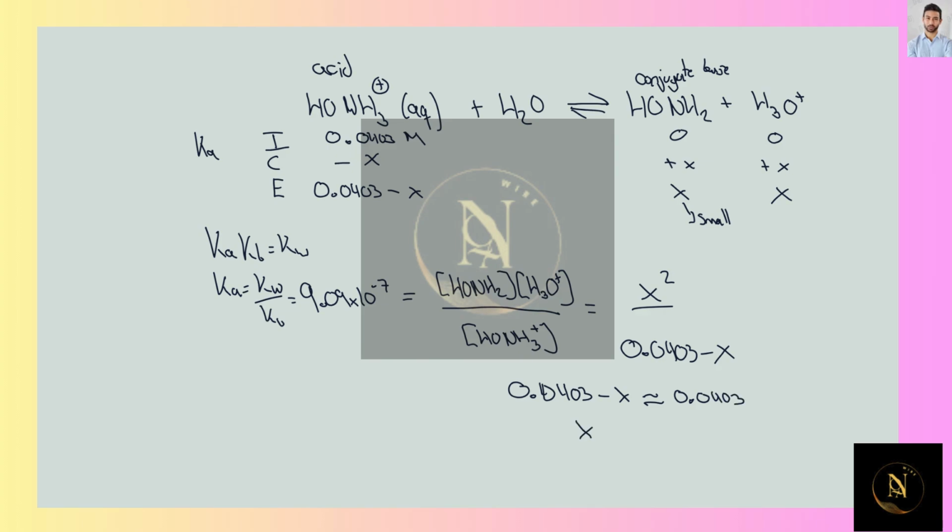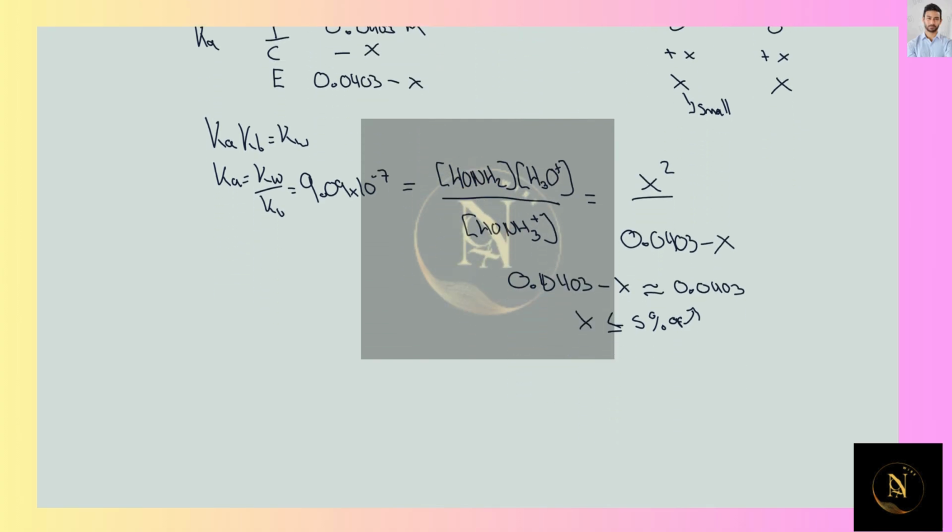This is going to be true if and only if x is lower or equal than 5% of this quantity, which we can verify at the very end of our calculations. Using that approximation, this becomes x squared divided by 0.0403, or, in a way that you may have found somewhere else, x squared divided by c0, right? So with this, we can solve for x.